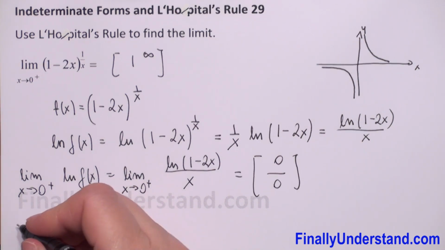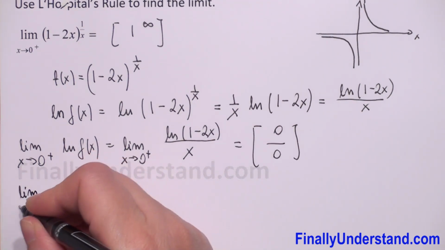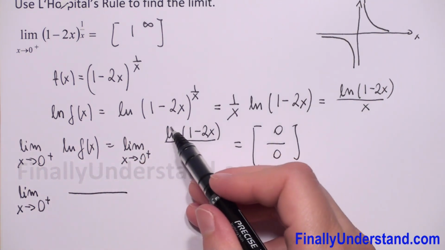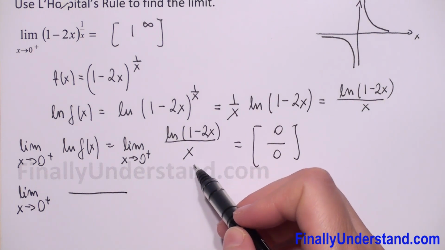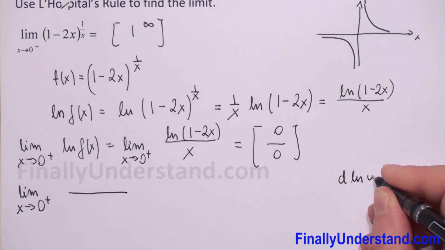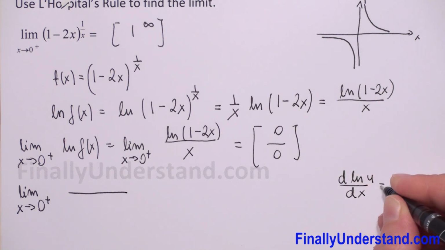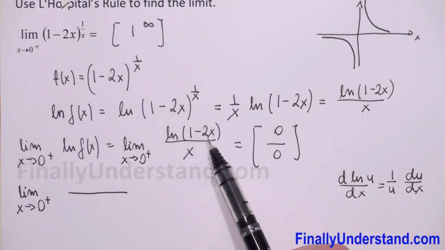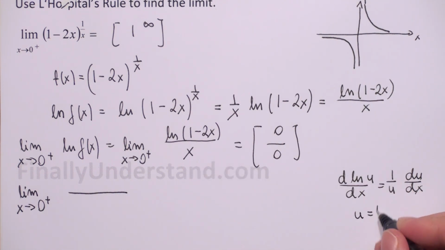So we have to copy the limit as x approaches 0 from right, and we have to find the derivative of the function in the numerator and the derivative of the function in the denominator. We have natural logarithm; the derivative of natural logarithm of u with respect to x is equal to 1 over u times du over dx. In this case, u is equal to 1 minus 2x. Let me write this. The derivative of u is: derivative of constant is 0, derivative of negative 2x is negative 2.